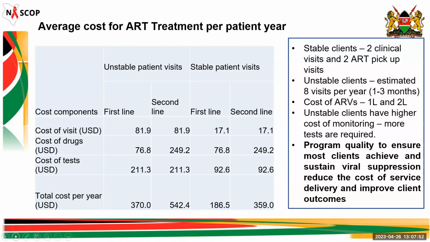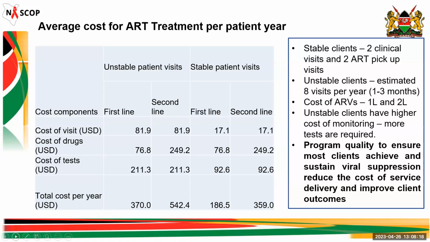So for program quality, ensuring positive outcomes for the clients, but also for health sector service delivery, it's really imperative to keep investments that support facilities to pinpoint issues that can sustain the clients to be virally suppressed all through.